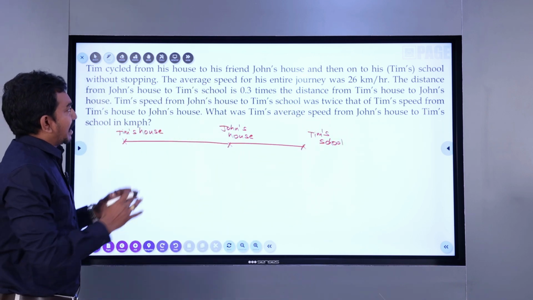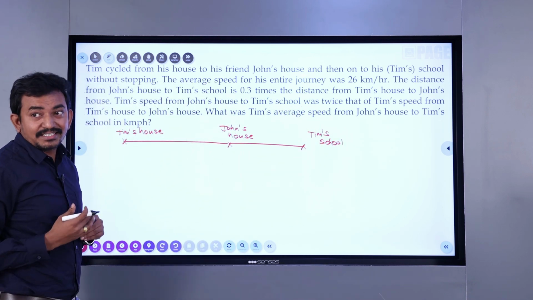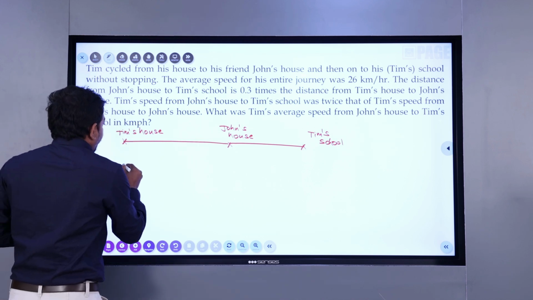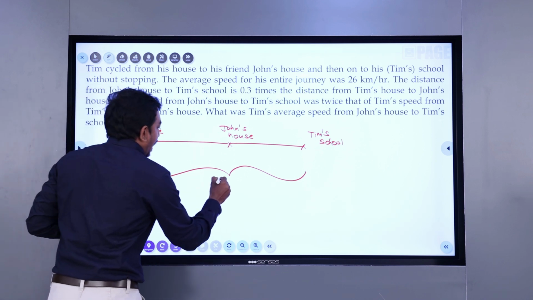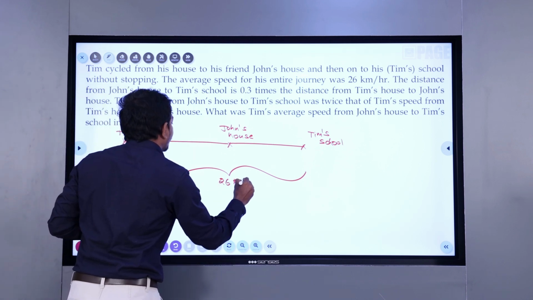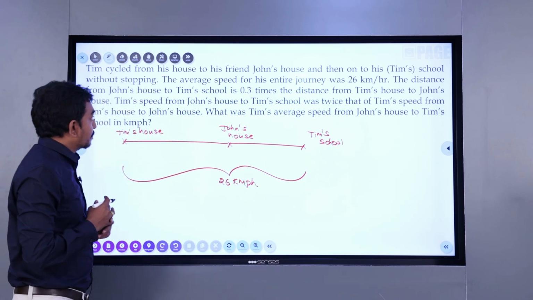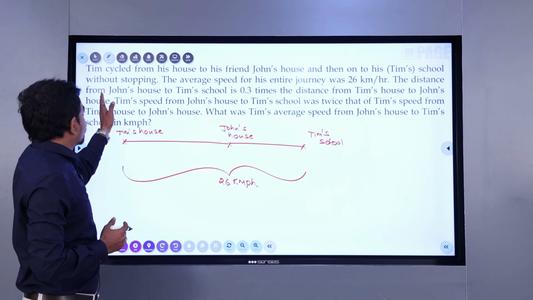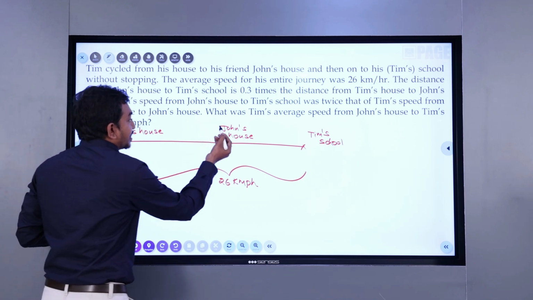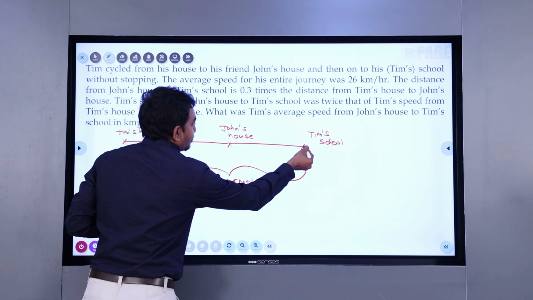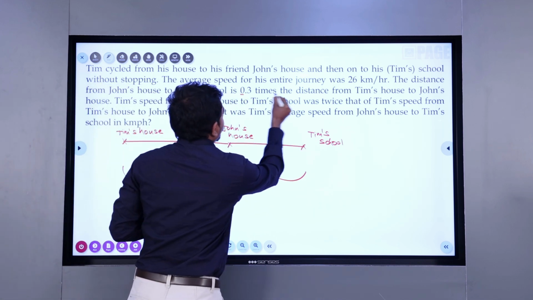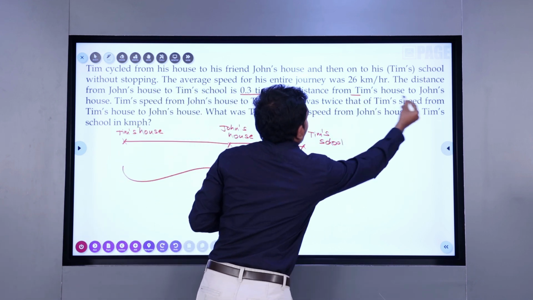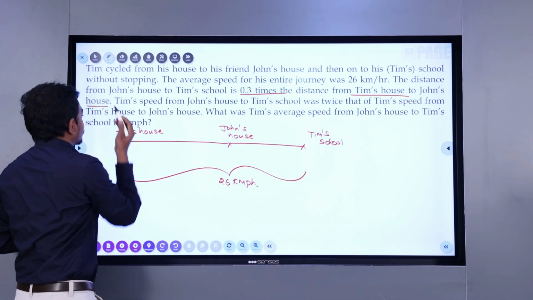The average speed for the entire journey was 26 kilometers per hour. From beginning to end, from Tim's house to Tim's school, the average speed would be 26 kilometers per hour. The distance from John's house to Tim's school is 0.3 times the distance from Tim's house to John's house.